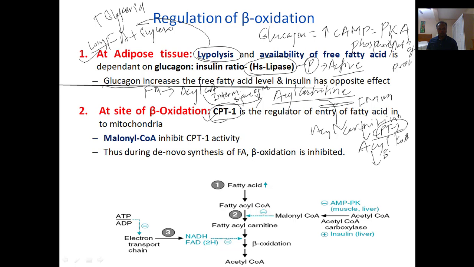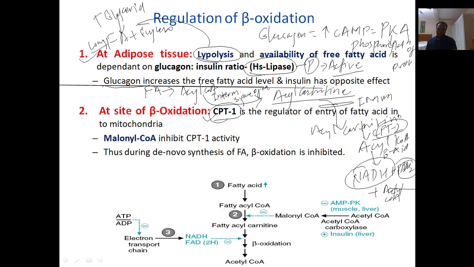Beta oxidation will happen. Now because of beta oxidation, there will be production of what? NADH plus FADH2. These are products of beta oxidation, plus acetyl coenzyme A.